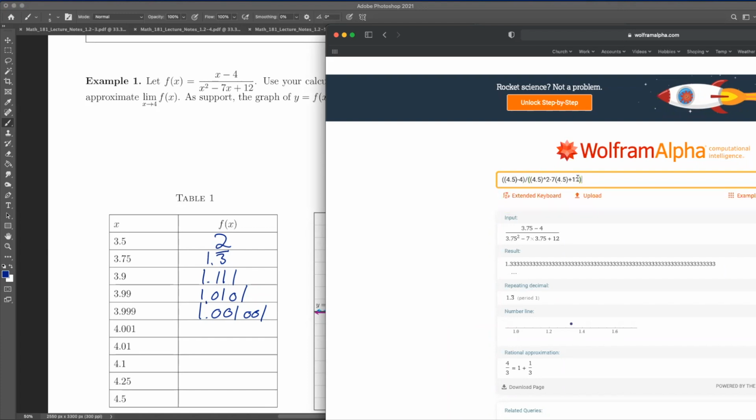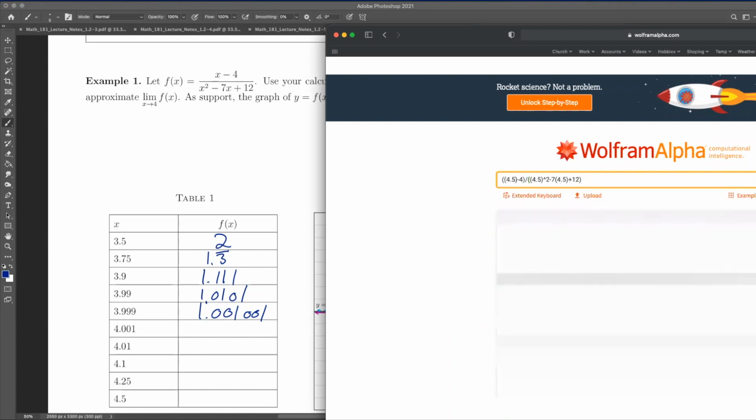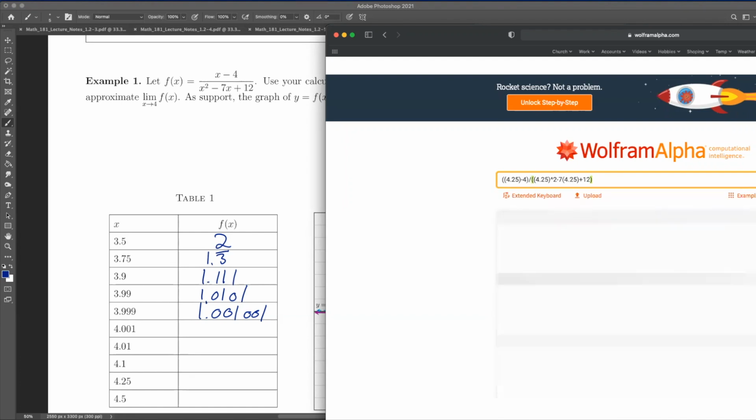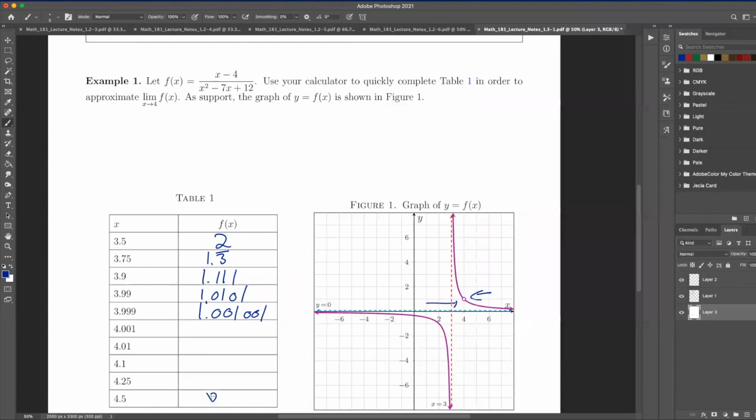So I get 0.6 repeated. And if I type in 4.25, I get 0.8.